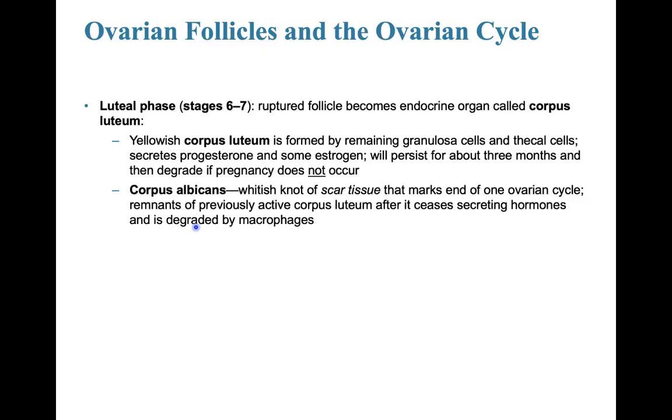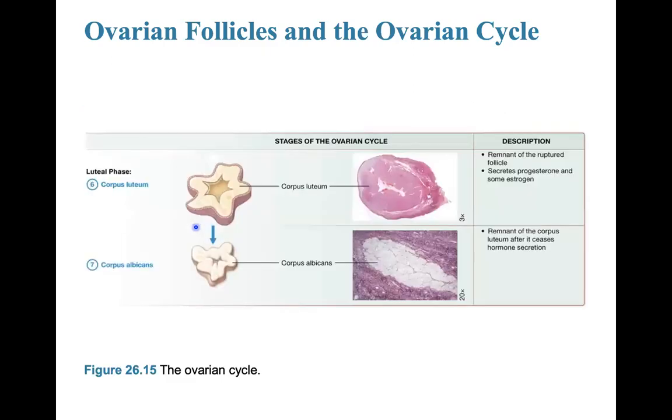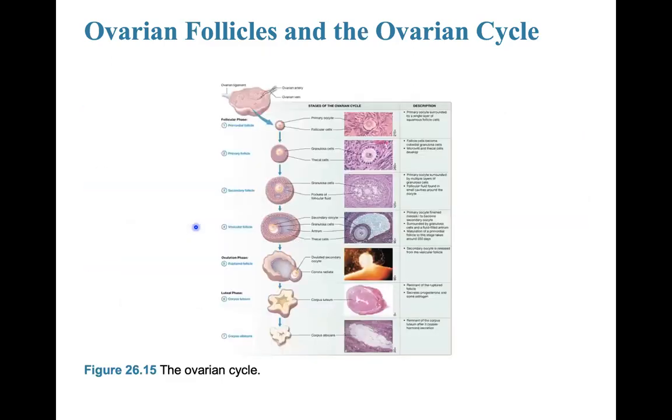The corpus albicans is a whitish knot of scar tissue that marks the end of the ovarian cycle. Remnants of previously active corpus luteum after it ceases secreting hormones and is degraded by macrophages. Here, stages 6 and 7.